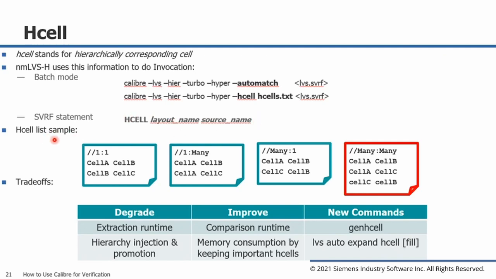Hash cell list sample here, and some of the features that are supported are one-to-one, one-to-many, many-to-one, but we don't support many-to-many.